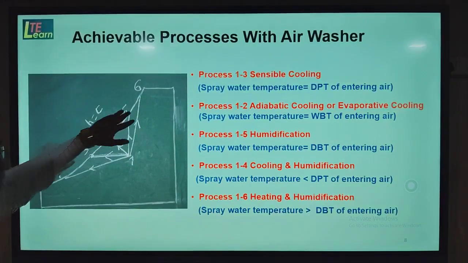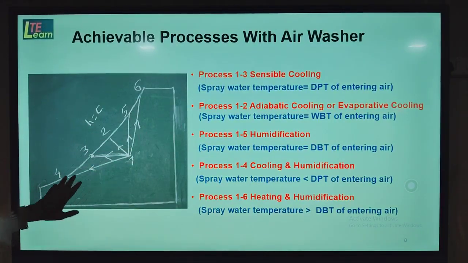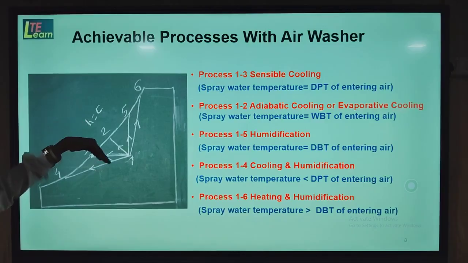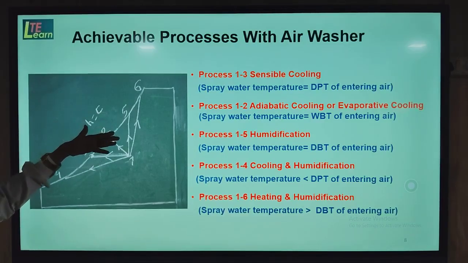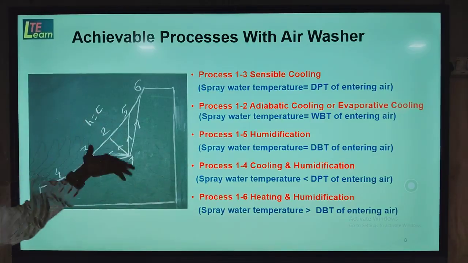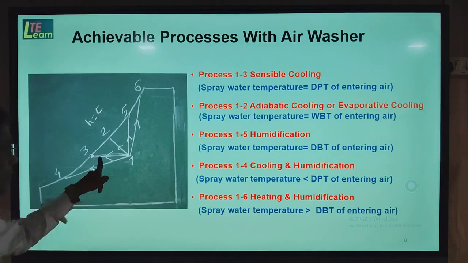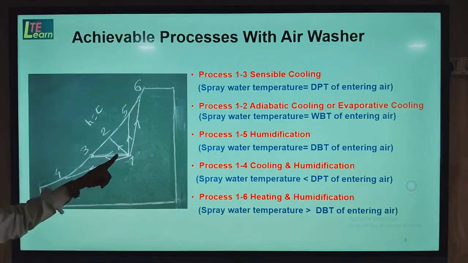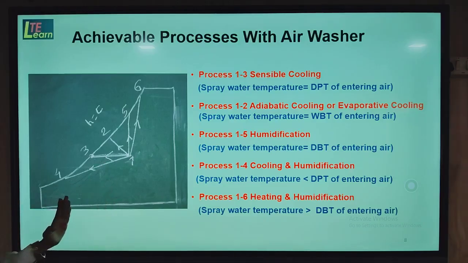All the other processes are obtained depending on the spray water temperature relative to particular temperatures of the entering air. If you see the 1 to 3 process, this is a horizontal process without change of specific humidity. Only the dry bulb temperature is changed.